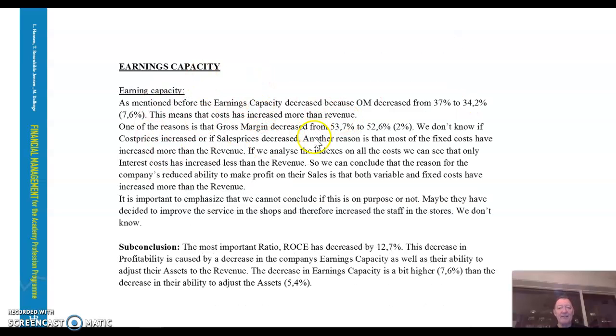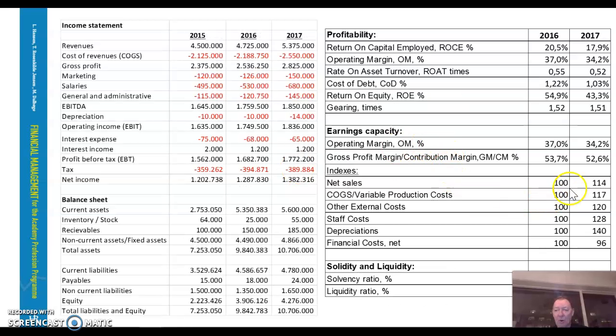And then you try to investigate in this, how could this happen? One of the reasons is that your gross margin decreased. It is a bad thing that your variable cost increased more than your revenue. So therefore you have a decrease in your gross profit margin. And on top of this, you can see here that your fixed cost increased more than your net sales, your revenue.